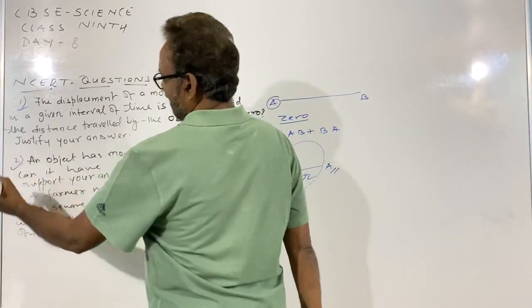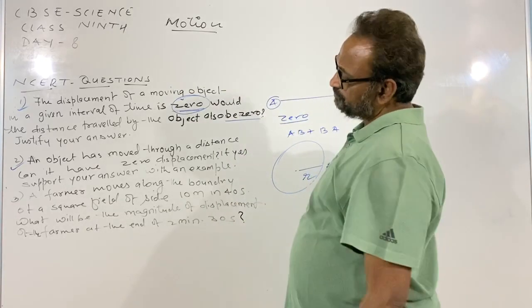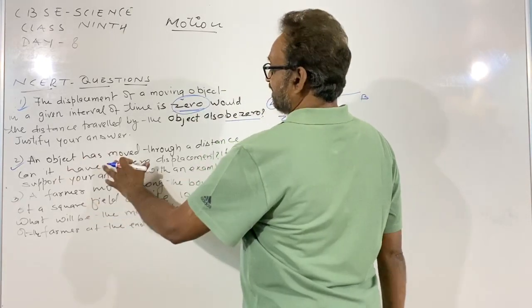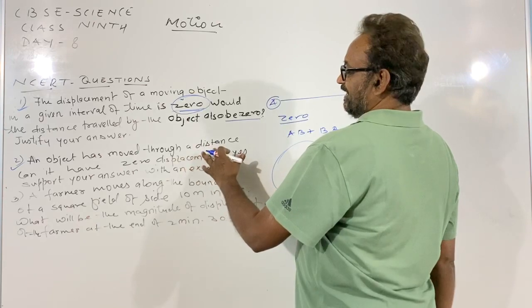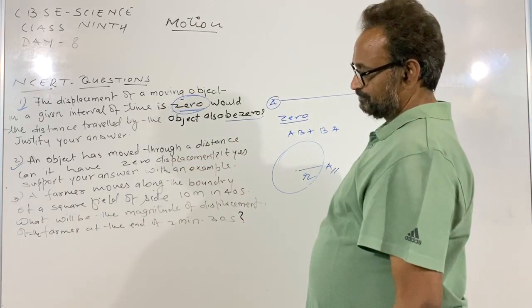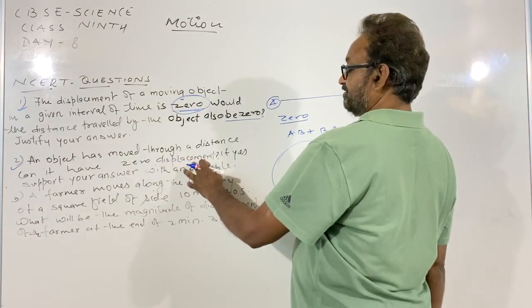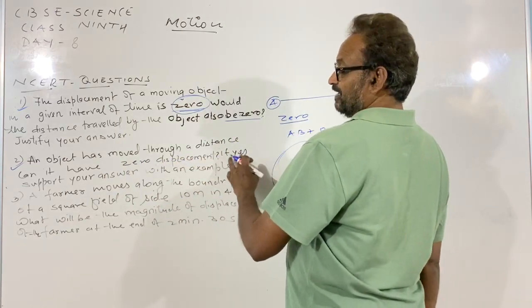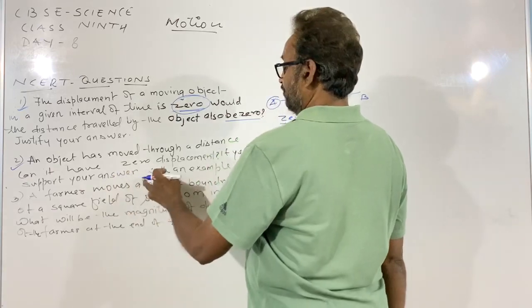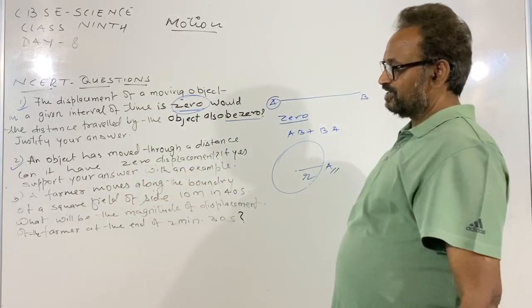Let us take another question. An object has moved through a distance. Can it have 0 displacement? If yes, support your answer with an example.